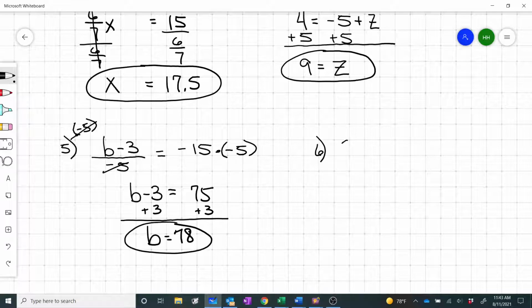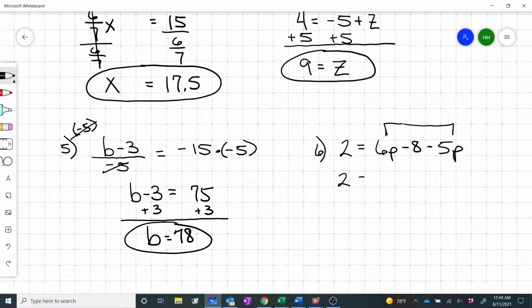Number 6 was 2 is equal to 6p minus 8 minus 5p. All right, over on this right hand side, all on the same side of the equal sign, we got the 6p and we got the 5p. So we have to combine those two first.